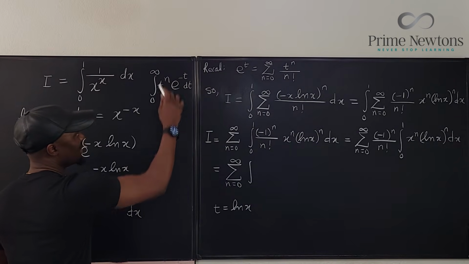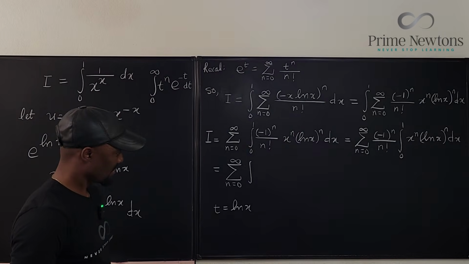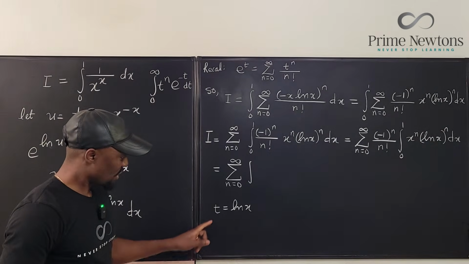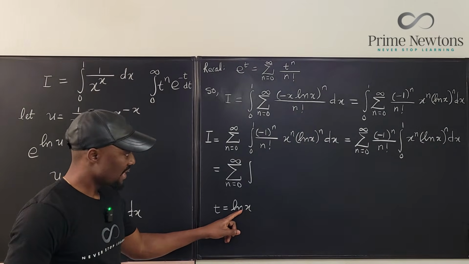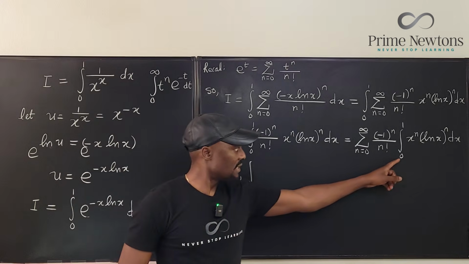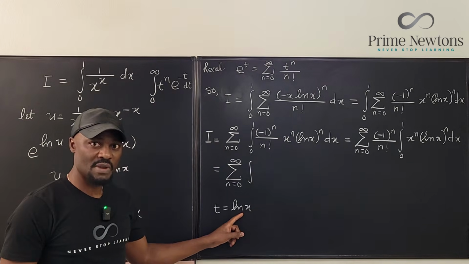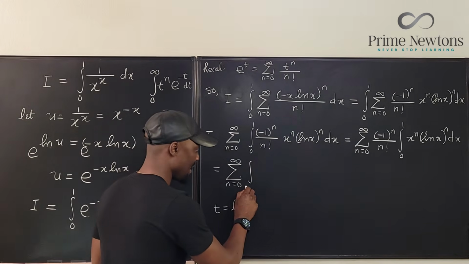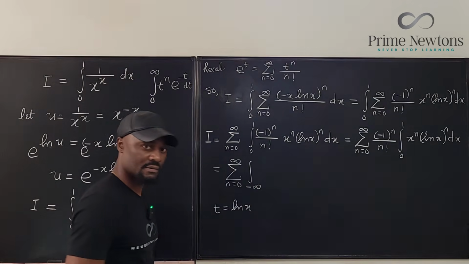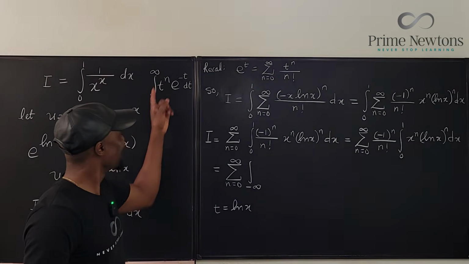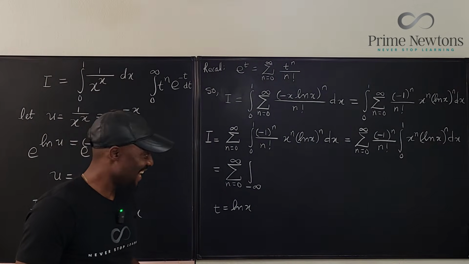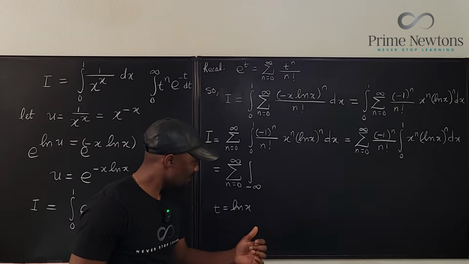So I need this. So if t is ln x, then when x is 0, ln 0 is going to be negative infinity. So I'm going to have negative infinity here. Still doesn't look like this. Okay, but let's keep going.